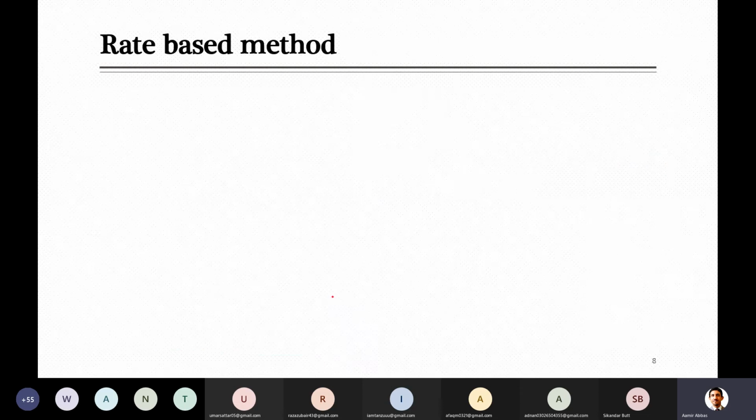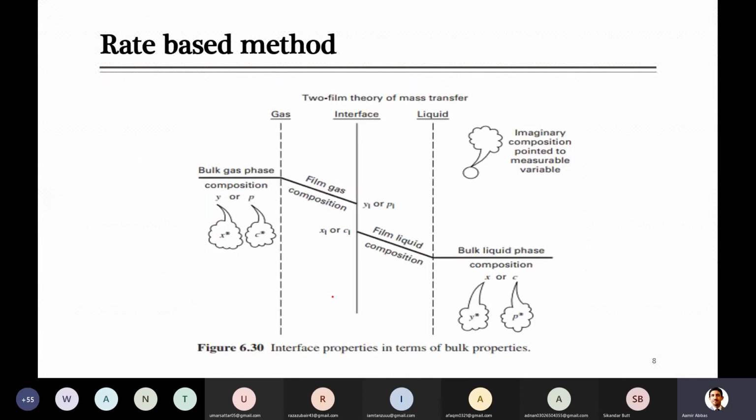Let's look first at the diagram. You can see here a bulk gas stream. Bulk gas means a large amount of the gas, and its composition, partial pressure and mole fraction are given. This gas comes in contact with the liquid.